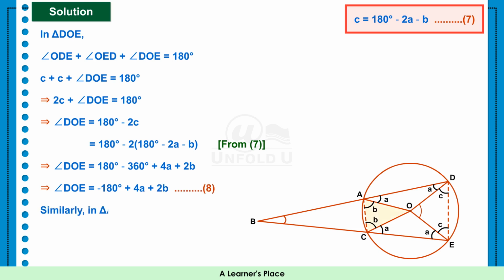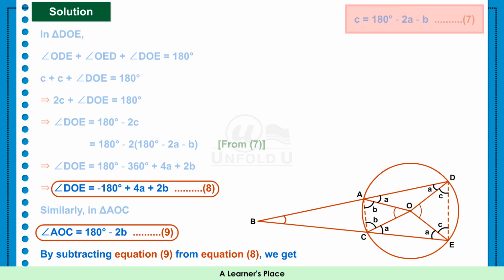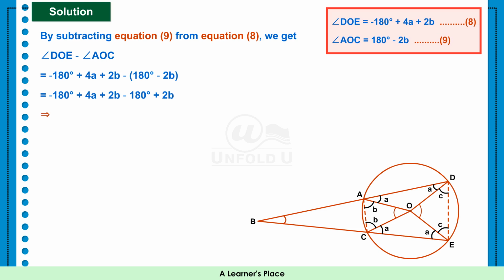Similarly, in triangle AOC, angle AOC is equal to 180 degree minus 2B. By subtracting equation 9 from equation 8, we get angle DOE minus angle AOC is equal to 4A plus 4B minus 360 degree.